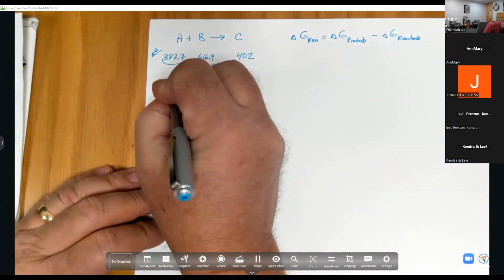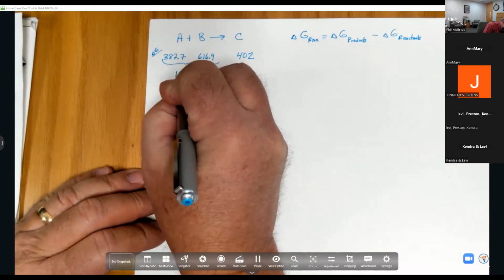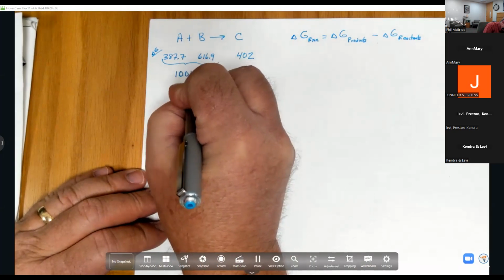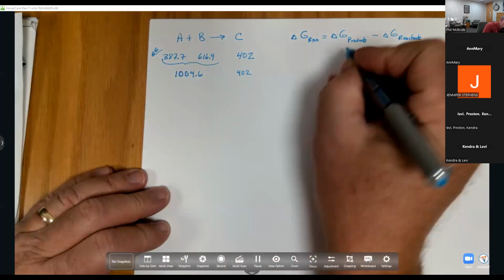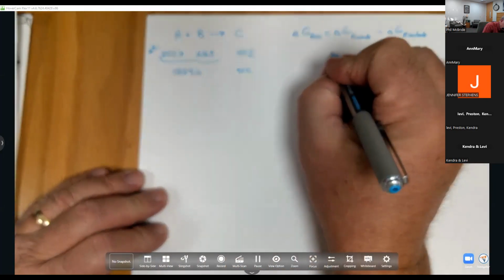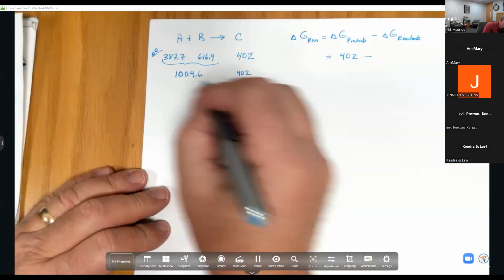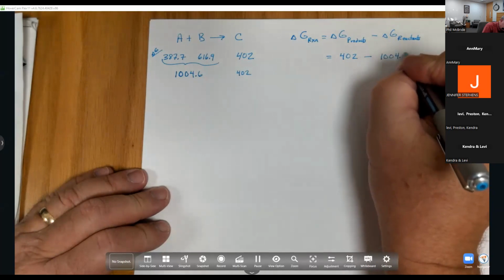But add them. 1004.6. And this side is 402. So products are 402. Reactants are 1004.6.